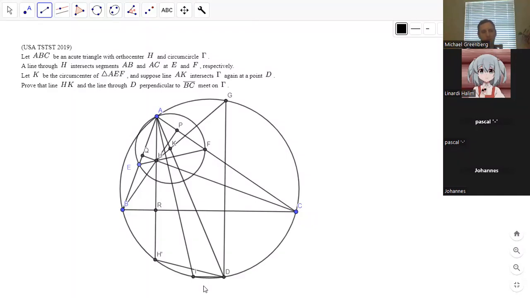Interesting. So yeah, I guess if we showed it's the anti-Steiner point, how would that help? It's an interesting fact to prove though.